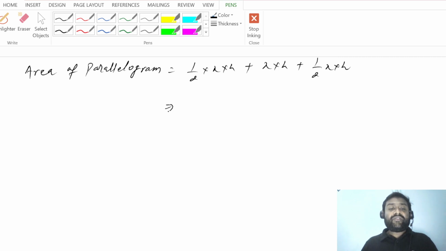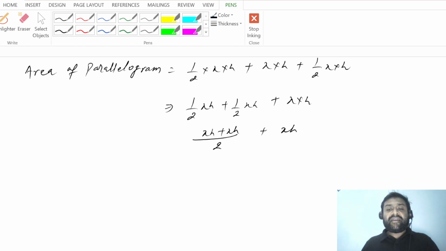Now we can bring this x into h and this x into h to the same side: half xh plus xh plus half xh. Take LCM 2, so this becomes xh plus xh plus xh.